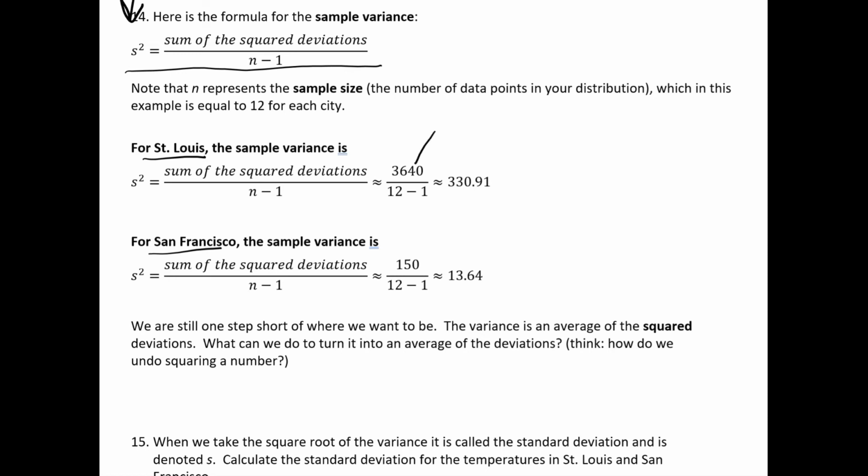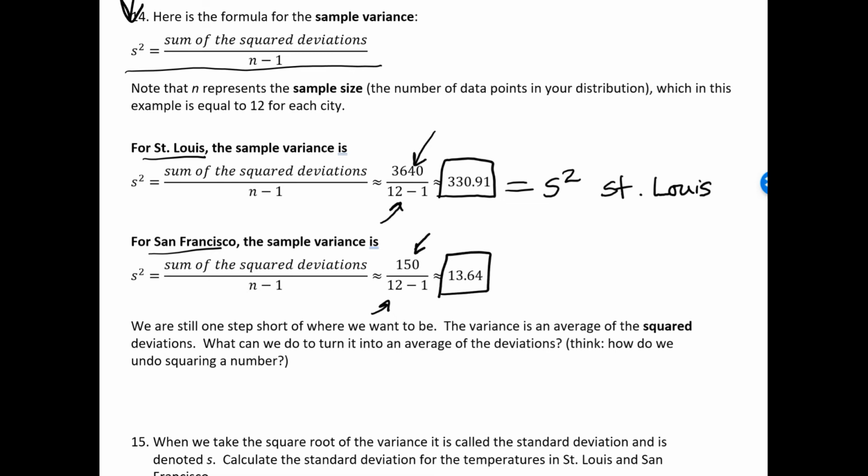We plug in our SS over n minus 1, and I get the sample variance for St. Louis is 330.91. Okay? And if we do the same thing for San Francisco, if we found our sum of squares and then divided by n minus 1, we get this sample variance for San Francisco is 13.64.